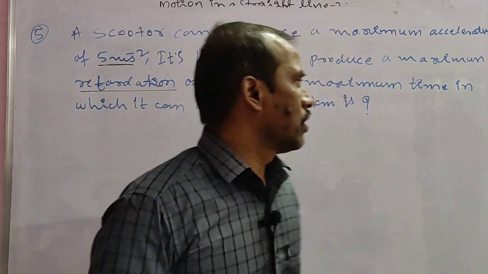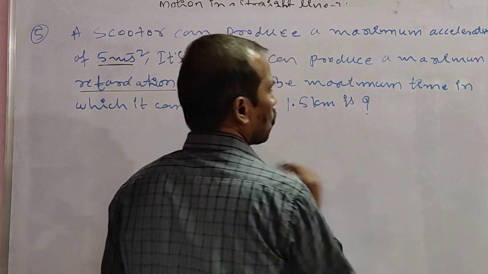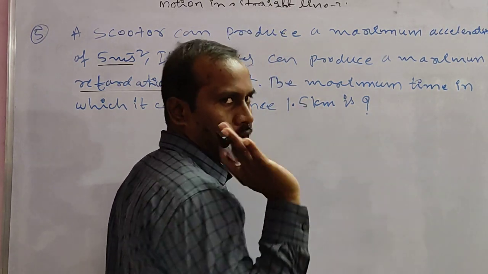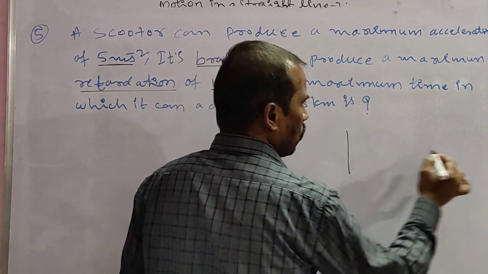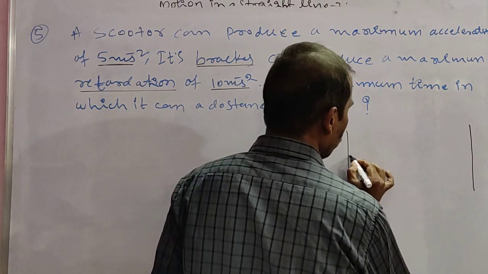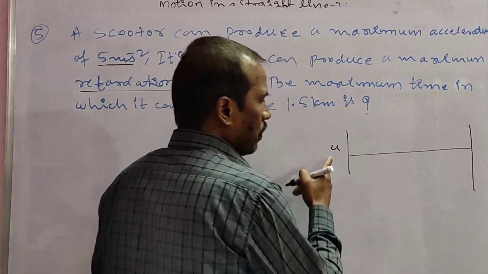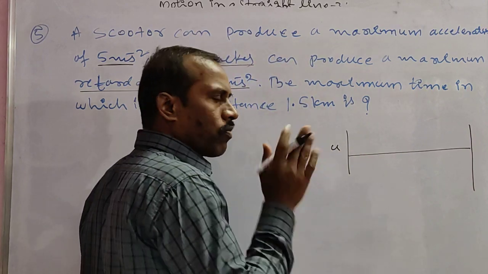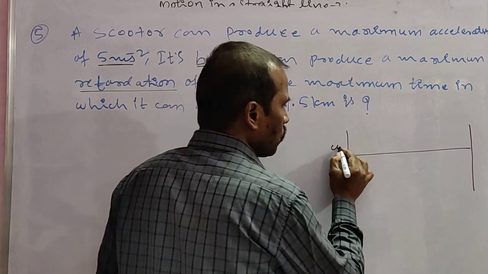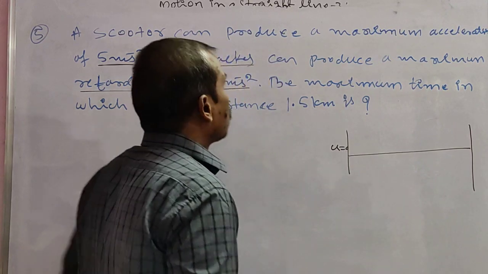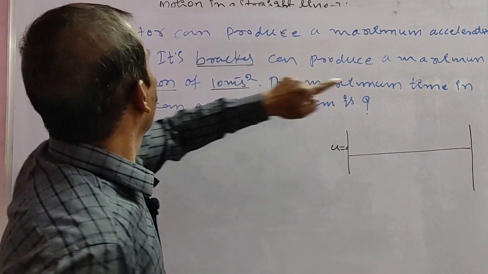Here, very simple. The scooter is traveling along, for example, a straight line. These are your two positions. The initial velocity is 0, so the scooter starts from initial velocity u equal to 0 and produces maximum acceleration.